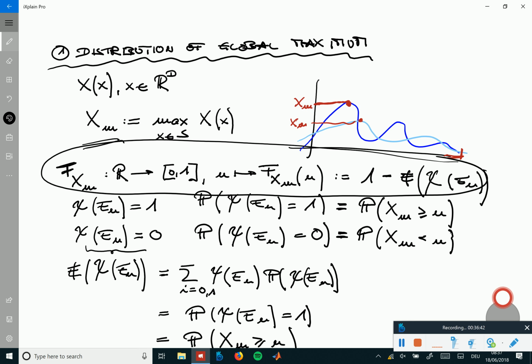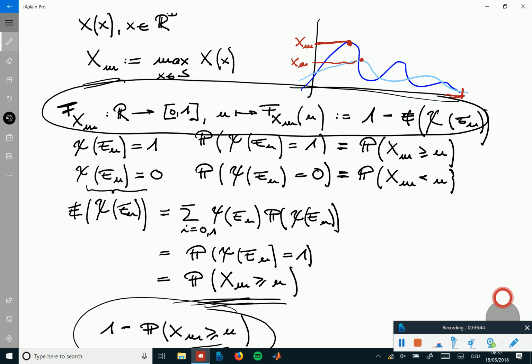This is why there was some discussion on the height of the threshold. Good. Questions about the distribution of the global maximum right now? Why we need it: I already told you that this is the corrected peak-level p-value in your SPM table. Why this actually controls for multiple testing, in which sense, we will discuss later.